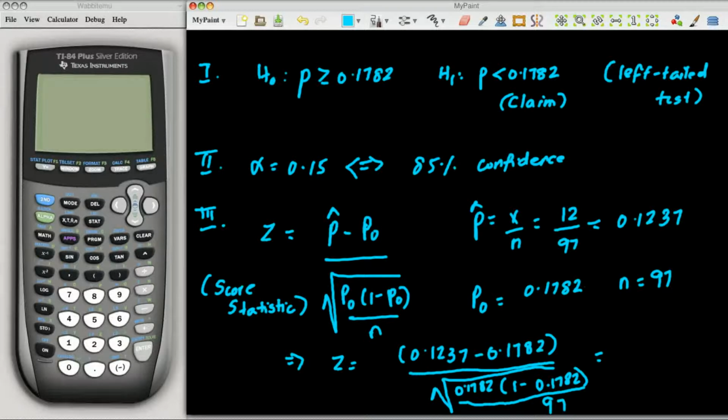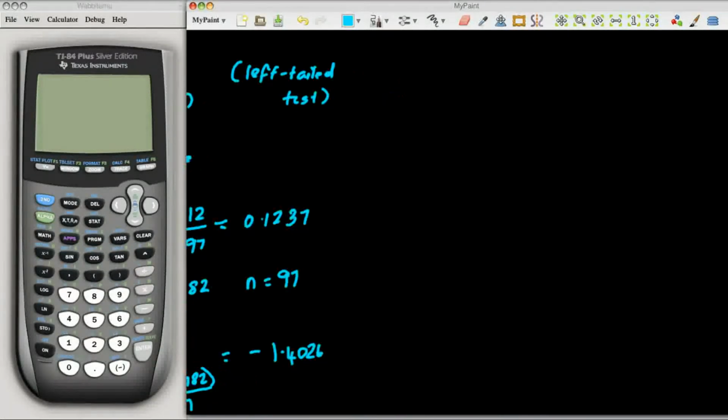That would give you an answer of negative 1.4026. Step 3 is now complete.